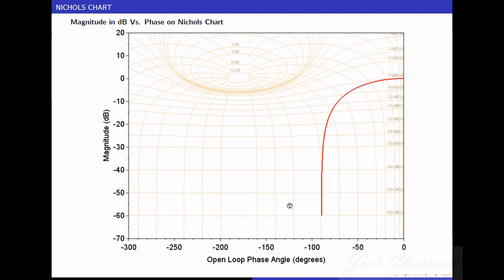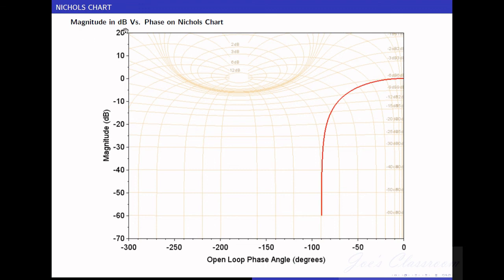When this plot is plotted for open loop gain, using this chart, I can find the gain for a closed loop system by using some graphical methods. That is the advantage of this Nyquist chart, which is why I have specifically used open loop phase angle here. So this is the fifth type of plot in frequency response or frequency domain analysis.